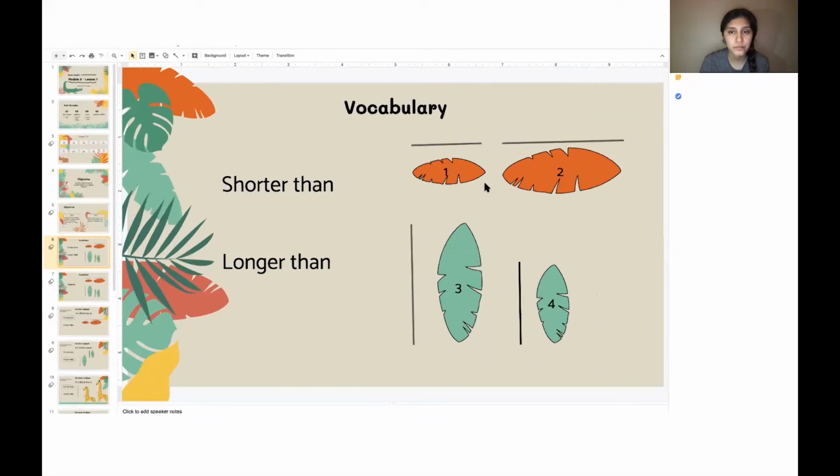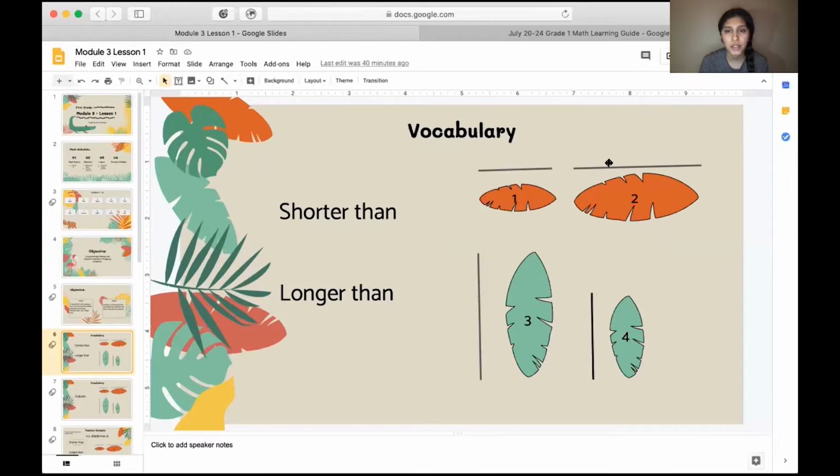Now, if we look like here, we can even compare these lines. We can grab this one and we can place it right next to it. And we see that the measurement for leaf 1, which is this one, is shorter than the measurement for leaf 2.